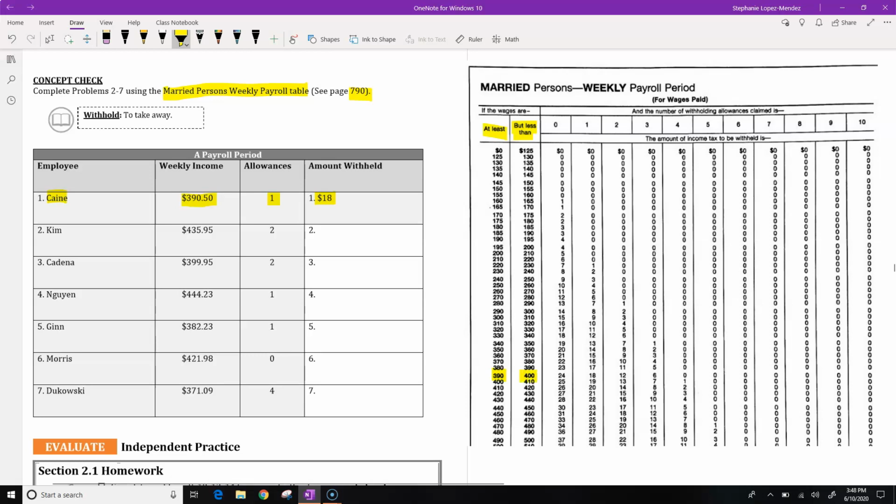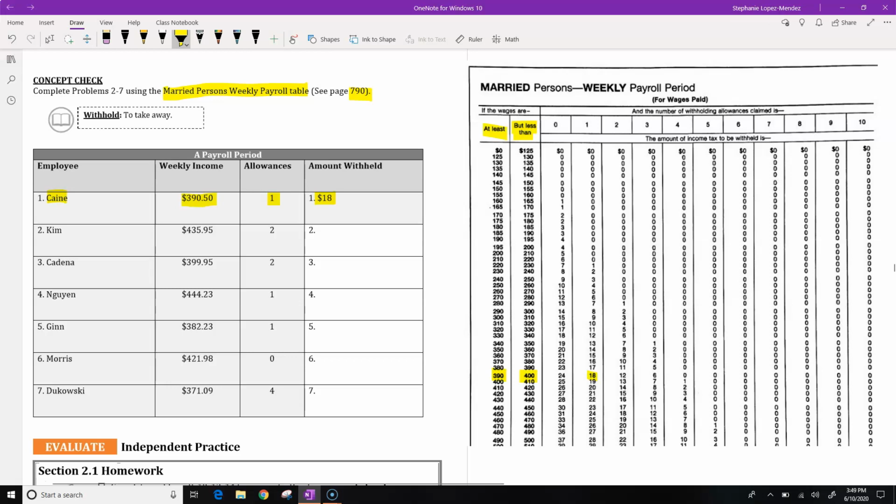Is 390.50 less than 400? Yes, it is. So I go and it says that Kane only has 1 allowance, right? Our third column says 0 allowances, and our fourth column says 1 allowance. So I will have to choose 18. Therefore, that's why we have $18 as the amount withheld on number 1.